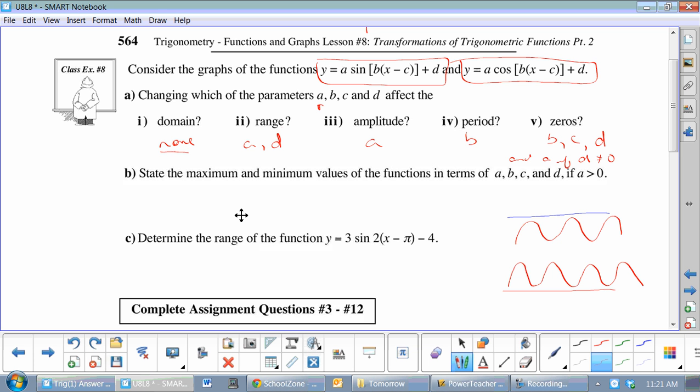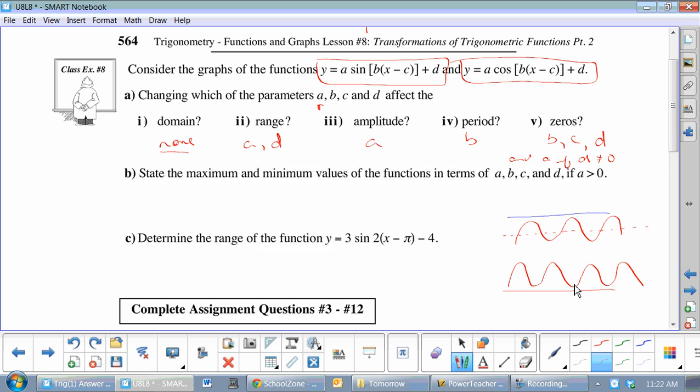And what else? D. Now, do you see, if I wanted to find the domain and range, or sorry, the range of this, if I had the midline, what would I need to find the top?